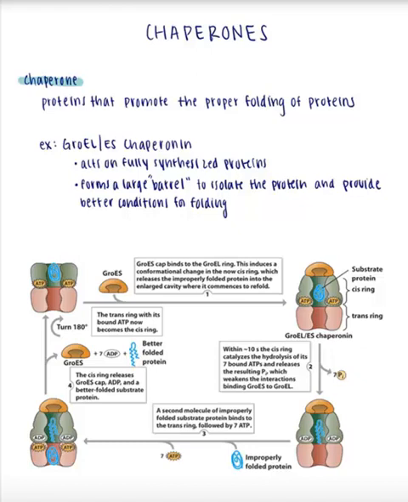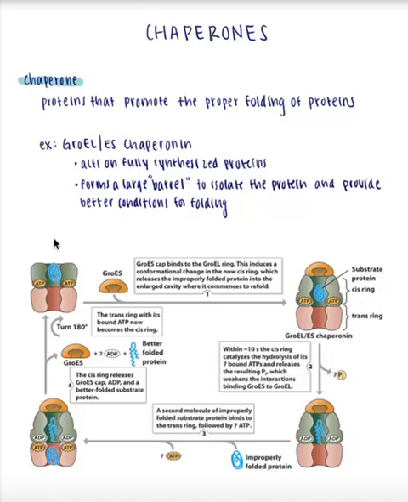So an example is the GroEL and GroES chaperonin, and it's going to act on fully synthesized proteins. What it's going to do is essentially form kind of like a barrel to isolate the protein and then make sure it has good conditions to refold itself. So down here you'll see we have 2 barrels. The top one is considered the cis ring and the bottom is the trans.